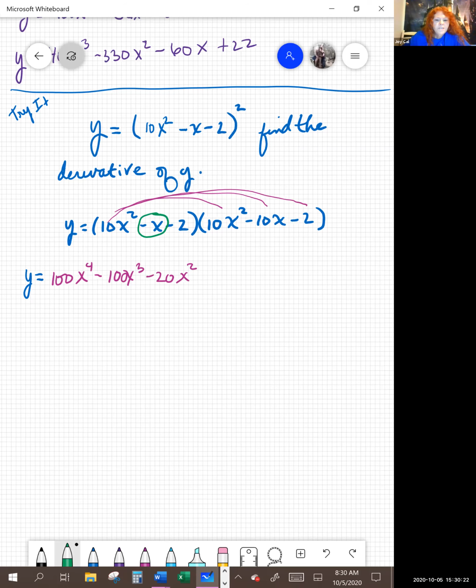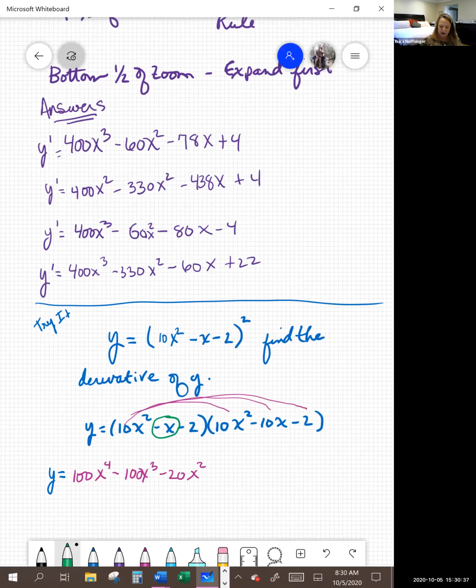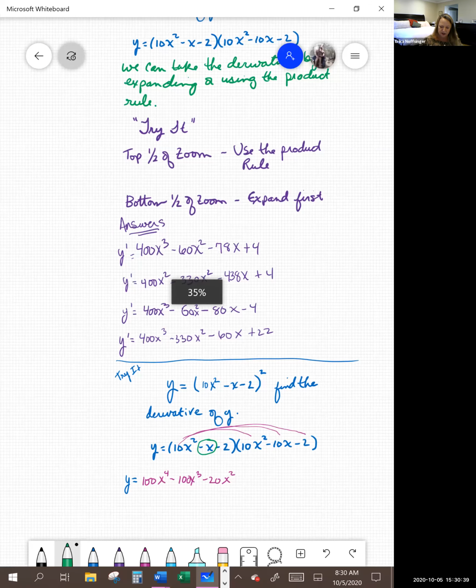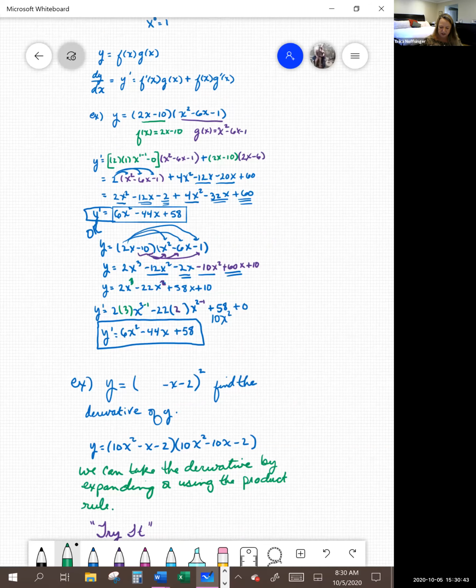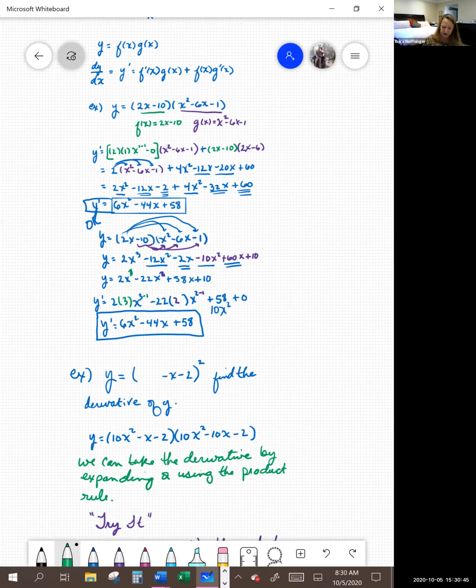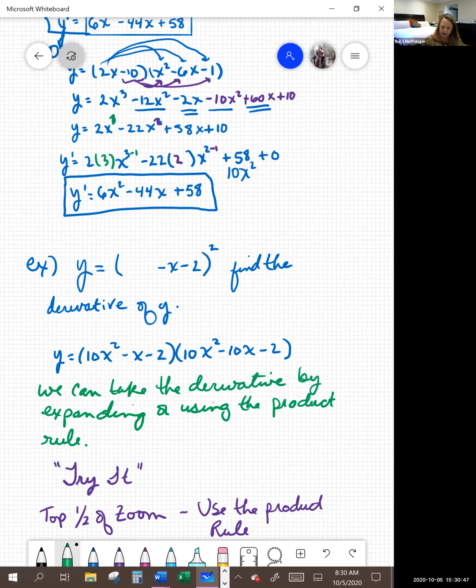Professor, shouldn't that 10x that you have there, shouldn't that just be x? I have it as an x squared up here. Well, oh, right here. Okay, you're right. Well, then that's where I went wrong.